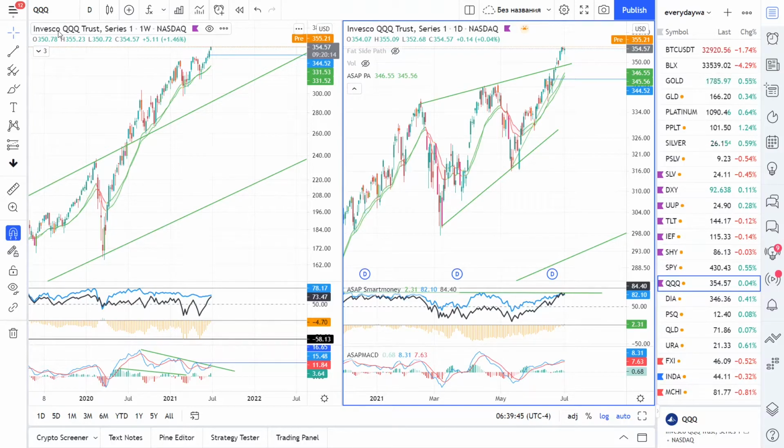That's the Nasdaq 100 ETF. That's the tech stocks that lead the stock market. If the tech stocks go down, that will put downward pressure on the whole stock market.